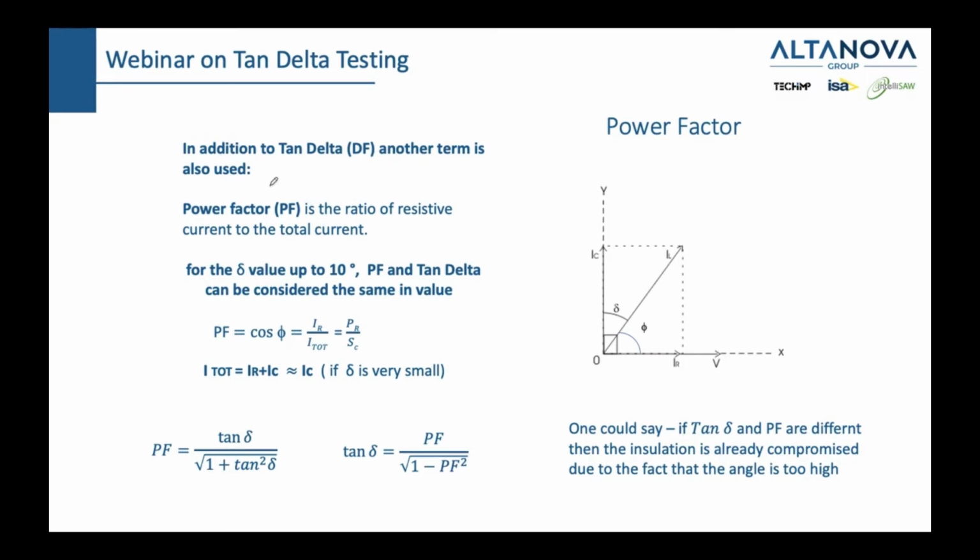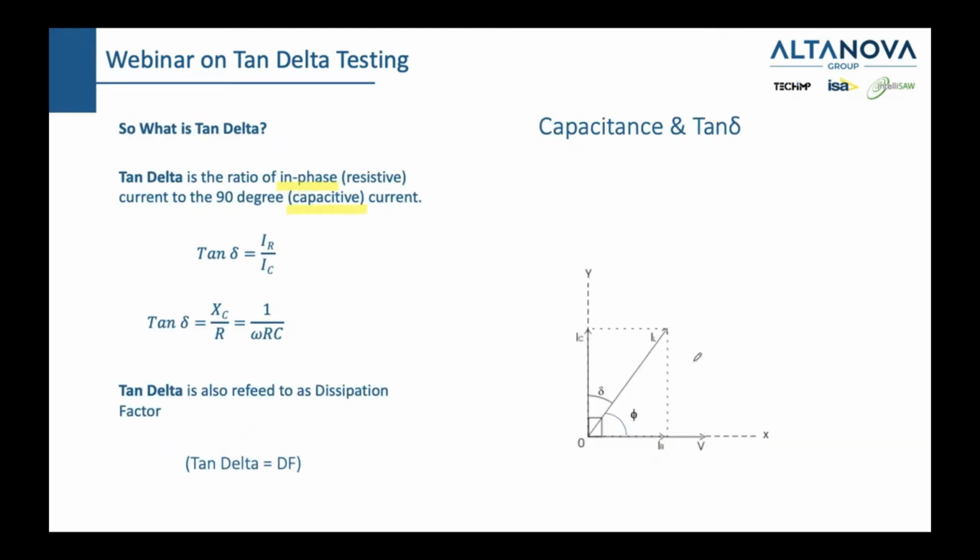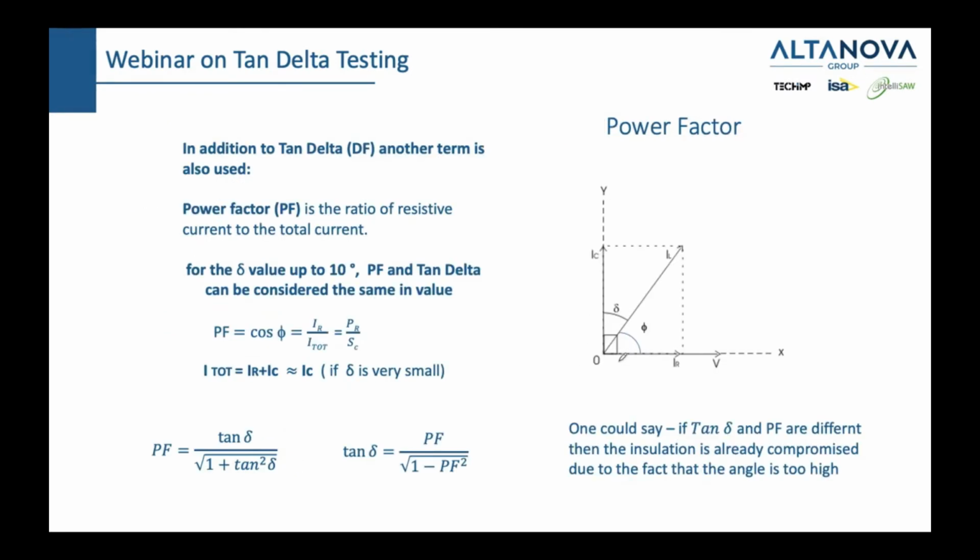Now actually tan delta and power factor are very, very similar. They're very similar because, you see, tan delta is resistive current over capacitive current, while power factor is resistive current over total current.